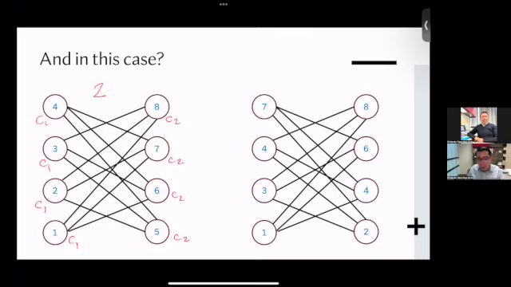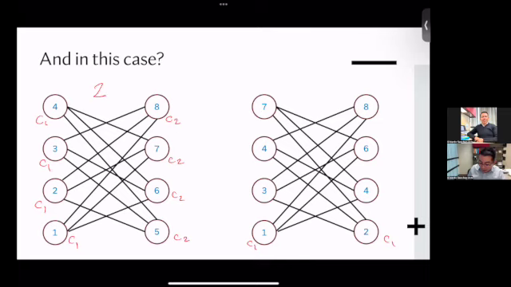Now, let's move to the one on the right. Again, I will start in node 1, so I will use color 1. And I move to node 2. Node 2 is not connected with node 1, so I can use color 1 again. Then I move to node 3.